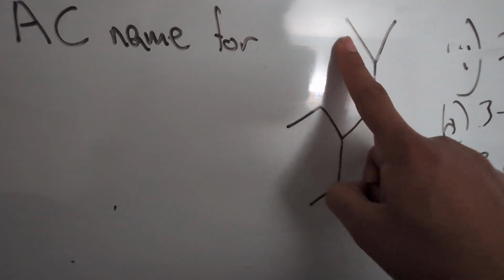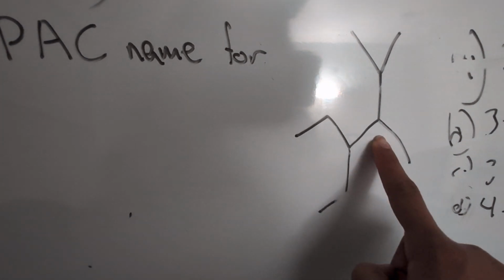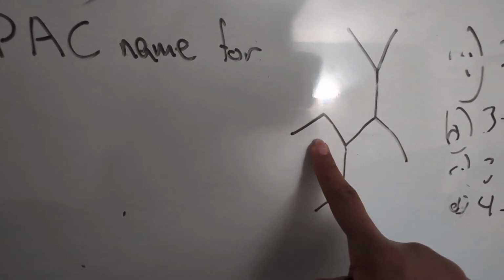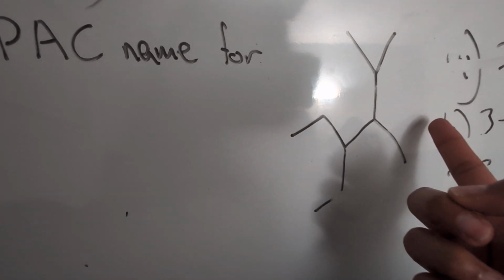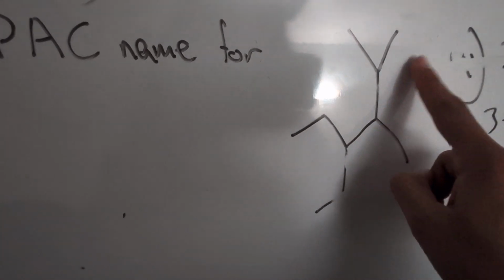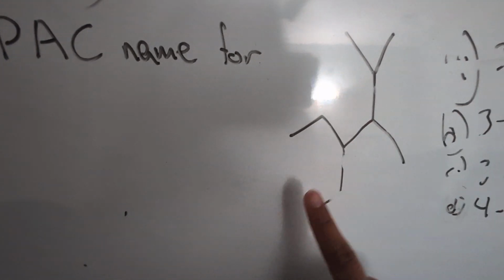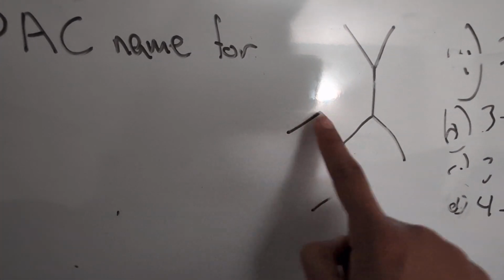So let's identify all the substituents after. We have a methyl here at carbon 2, another methyl here at carbon 3, and then an ethyl here at carbon 4. Now you're wondering which way should you order it, from here or from here? If you went from here, it would be 1, 2, 3 ethyl.